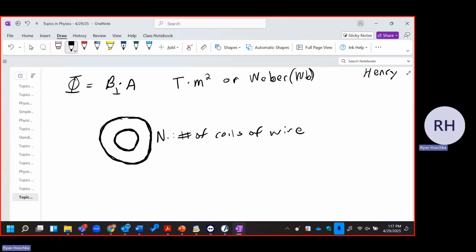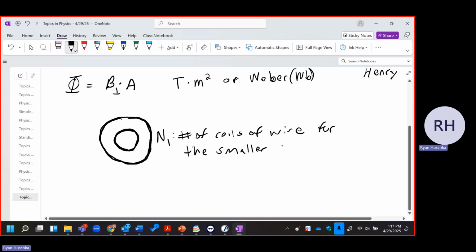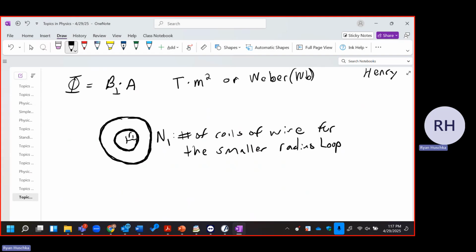All right. So we'll say N1, let's say the number of coils of wire for the smaller radius loop. Okay. So what do I mean by smaller radius? Well, let's say if we had that value right there, be say R1. Okay. And then let's define N2.